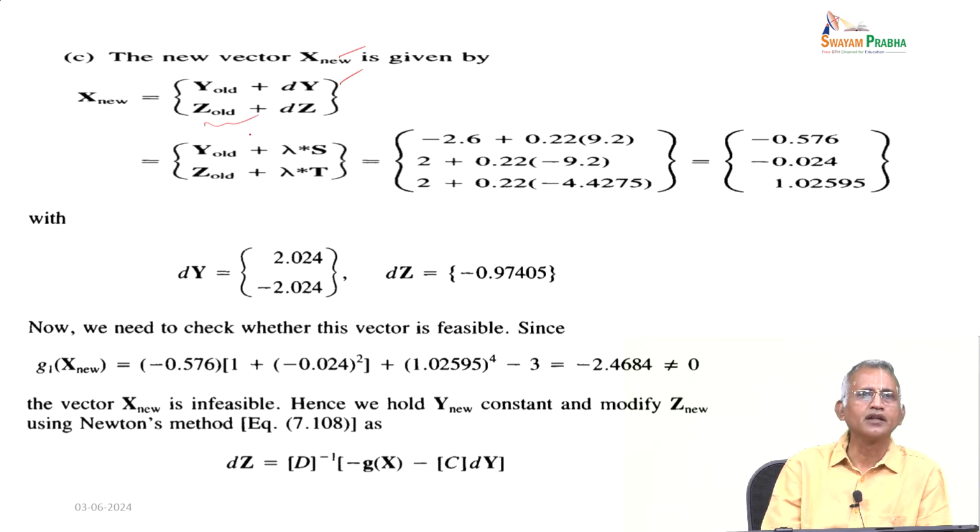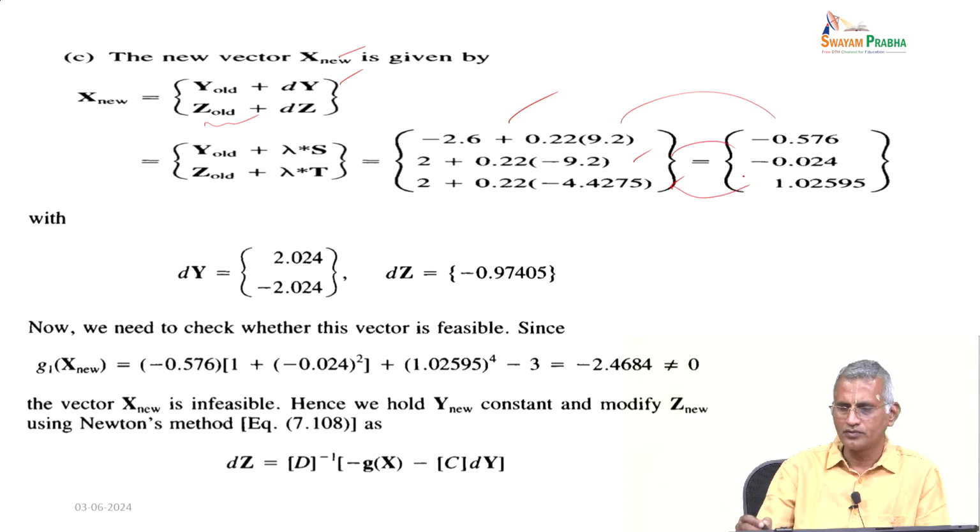Therefore, y old plus lambda star S, z old plus lambda star T is minus 2.6 plus 0.22 multiplied by its value, and similarly the second one is 2 plus 0.22 into minus 9.2, and the third one will come. Simplify, you get this value, so that x new will be obtained. Now dy equal to the corresponding value 2.024, minus will come, and dz is this value.